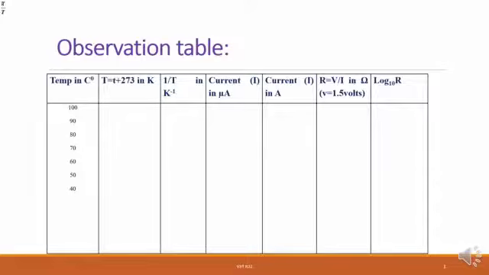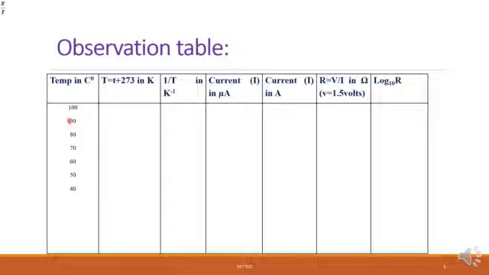Observation table. This is our observation table. Now note down the thermometer temperature readings. In the first column, temperature in degrees Celsius, and the corresponding current readings in the microammeter we note down here.